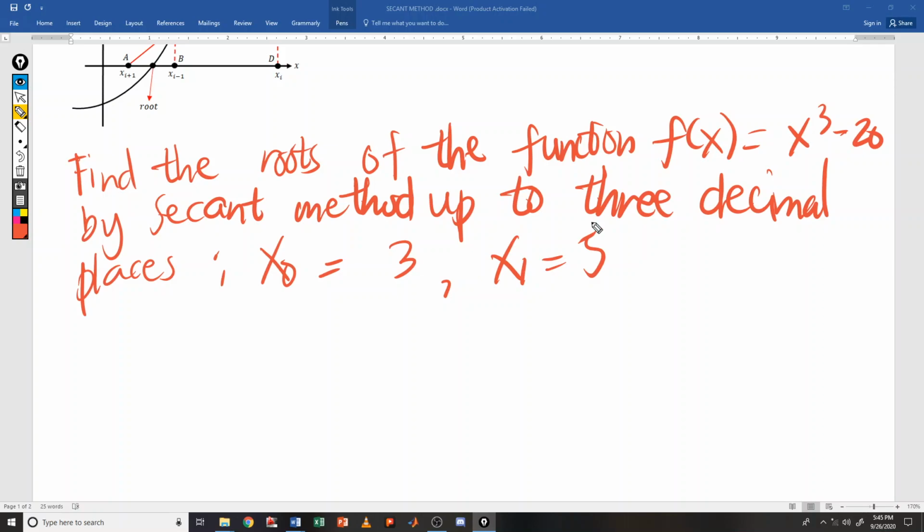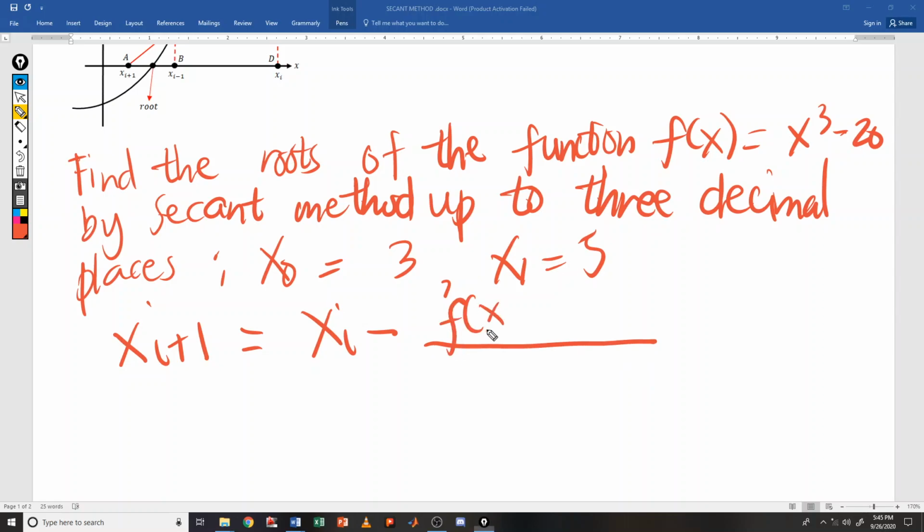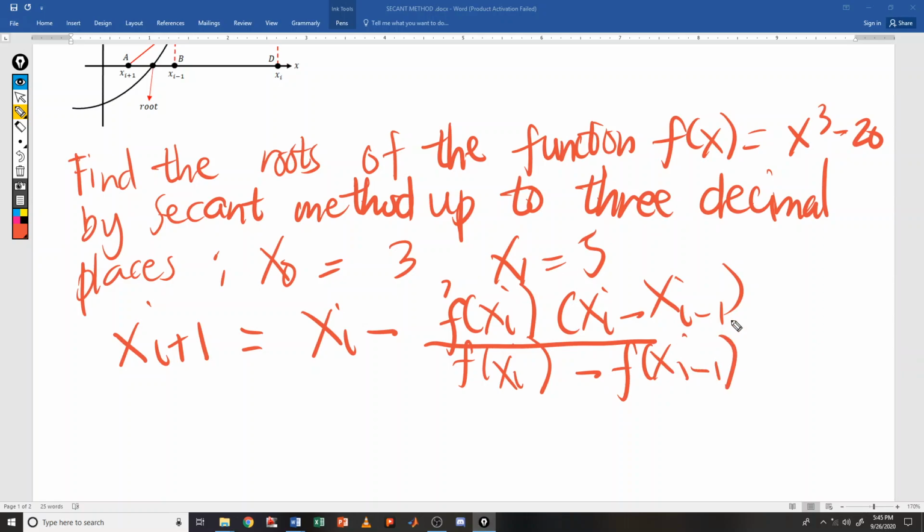So what we have to do is, we all know that the formula is x i plus 1 equal to x i minus f of x i times x i minus x i minus 1, over f of x i minus f of x i minus 1.